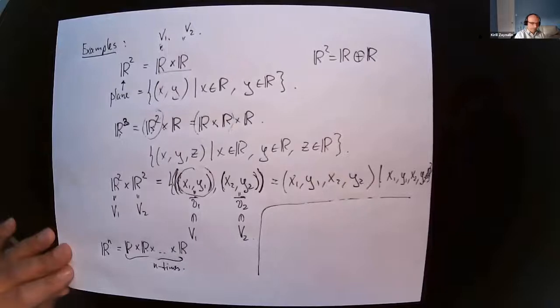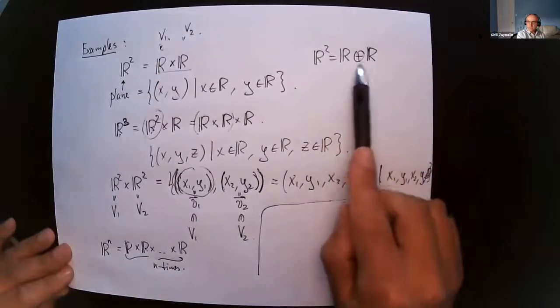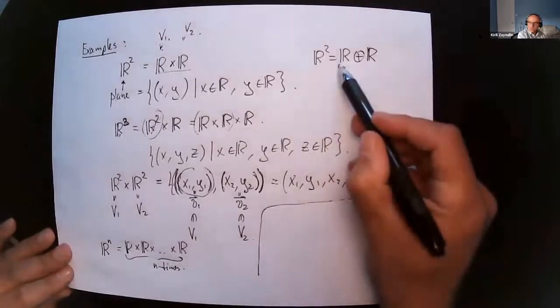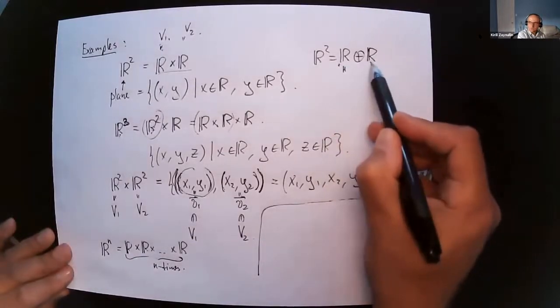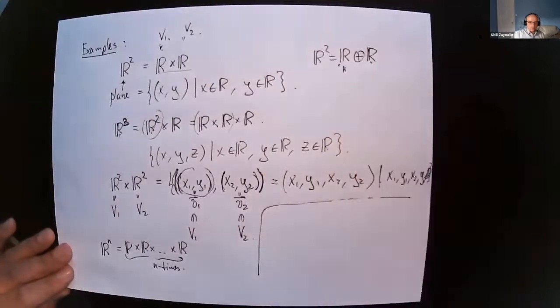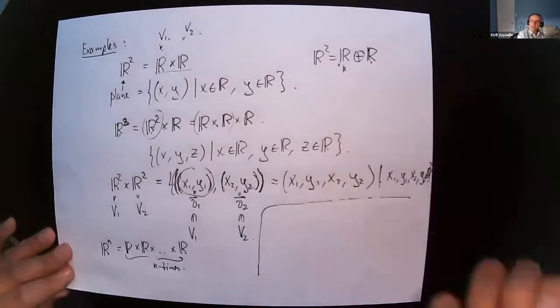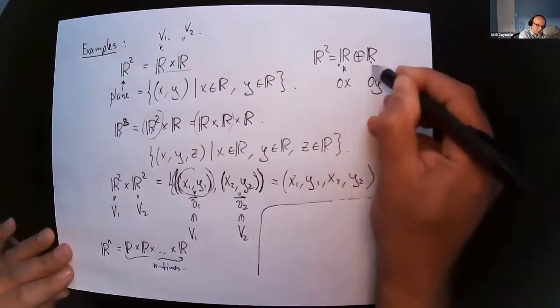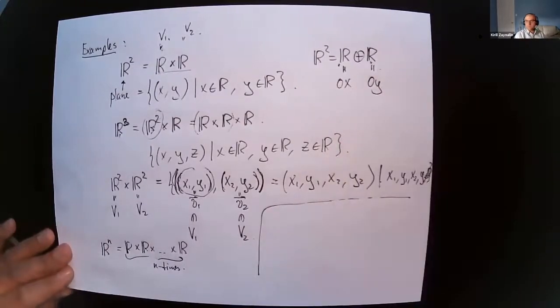Indeed, this is precisely the example where this is just the first coordinate, and this is the second coordinate in R2. So indeed here we just come back to this example of the previous lecture. So this is OX and this is OY. This is the first coordinate line and the second, that's just coordinate lines. And so on.